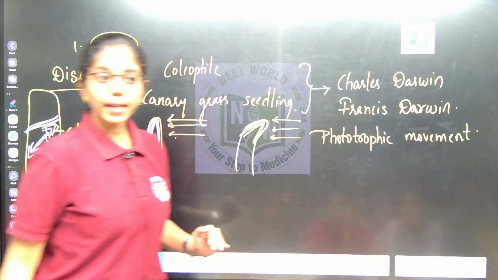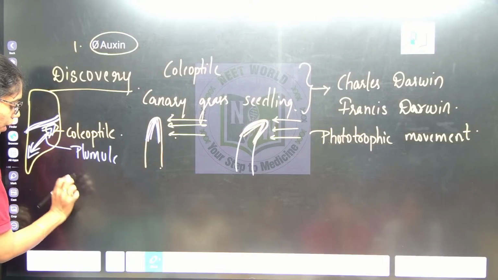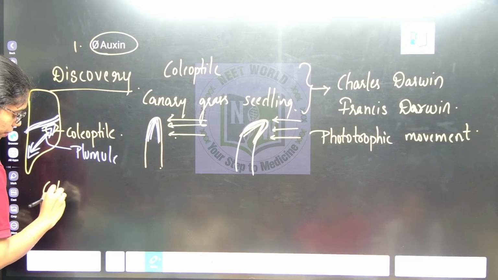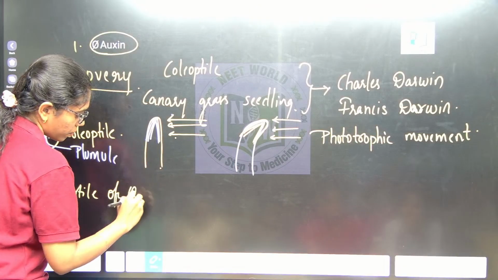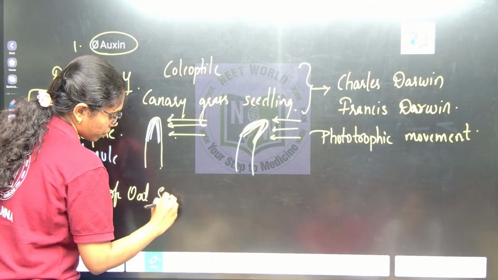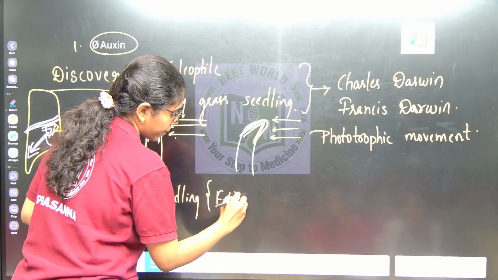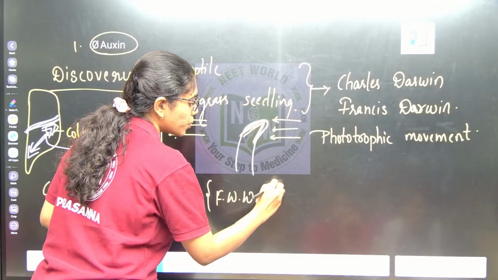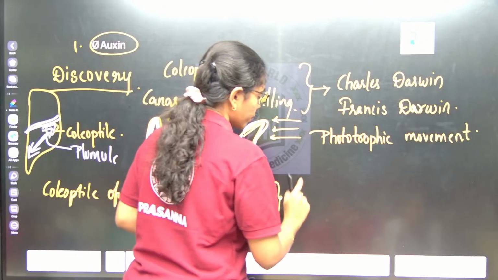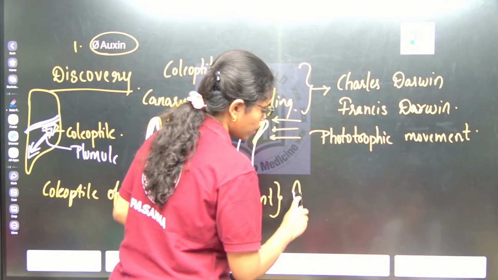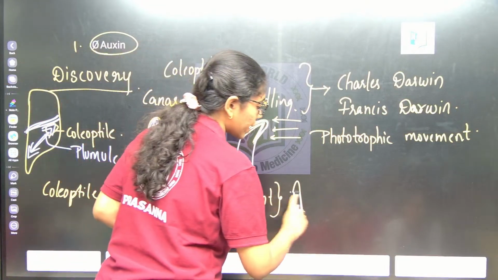Later this was isolated from oat seedlings, the coleoptile of oat seedlings, by F.W. Went. His experiment is different. He has taken the coleoptile of oat seedlings and decapitated it.